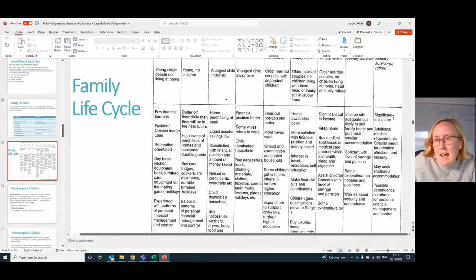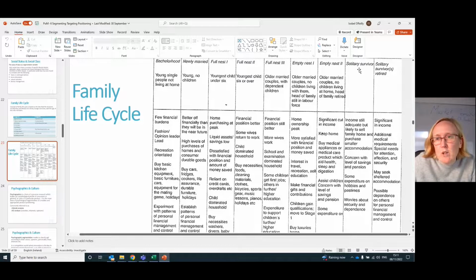And skip ahead to the last stage, solitary survivor retired. So that's the 1 and 2 of solitary survivors. Sometimes people are widowed, unfortunately, earlier in life. They may not have retired, so that is the first stage. And then perhaps, as they're much older and in their elderly years, there are different things at play with those people, different concerns, different money worries, and so on.